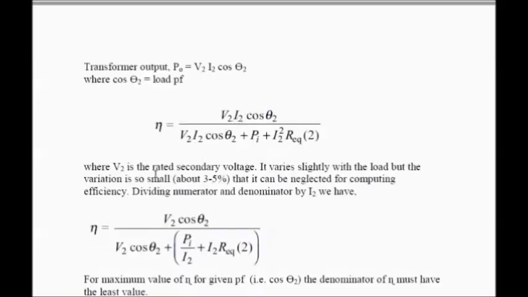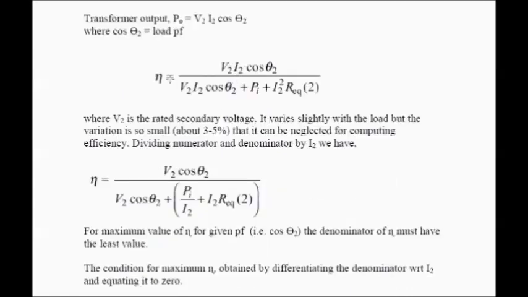Here what is this V2? V2 is rated secondary voltage, and this V2 varies slightly with the load, and hence we can consider this V2 to be almost constant. If I divide the efficiency by I2 in numerator and denominator, I will have eta like this.